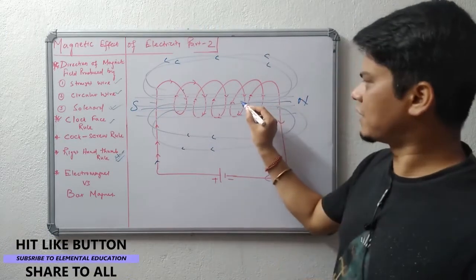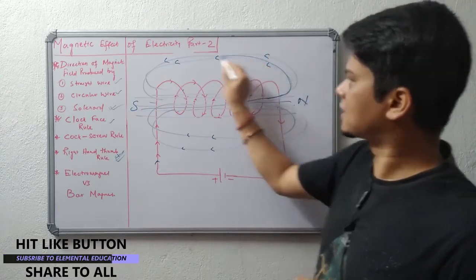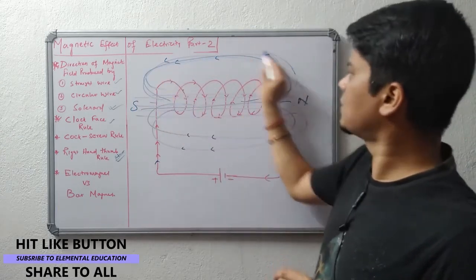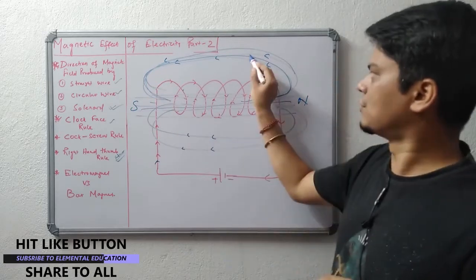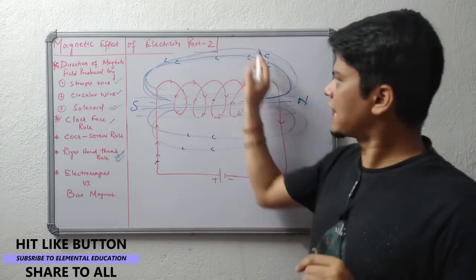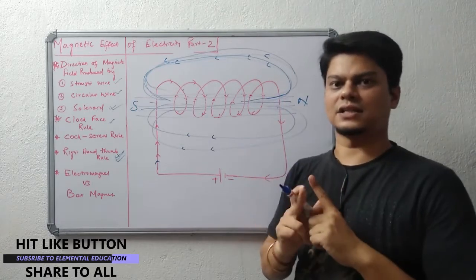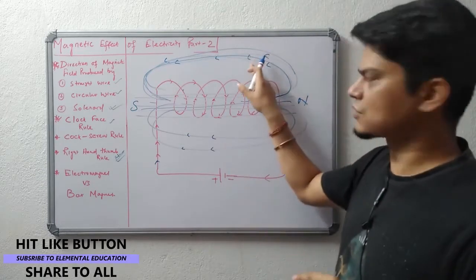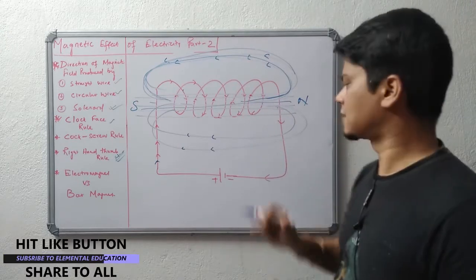Similarly, when it emerges outside the solenoid, the field lines will be from north to south, from this side to this side. So all the lines will be parallel. They never touch each other. The magnetic field lines have a property, they never cross each other.